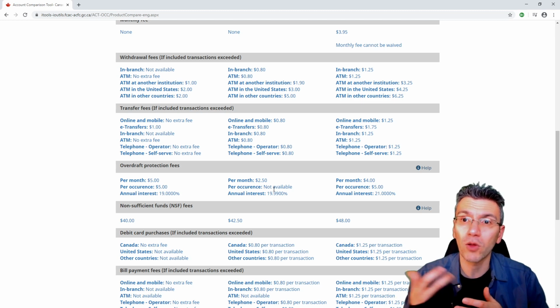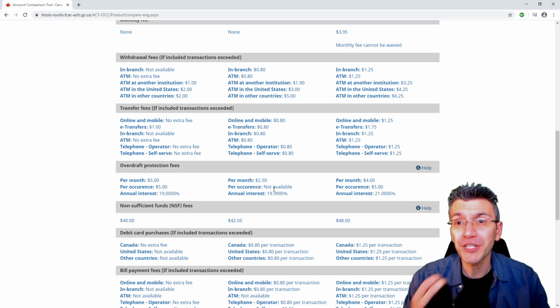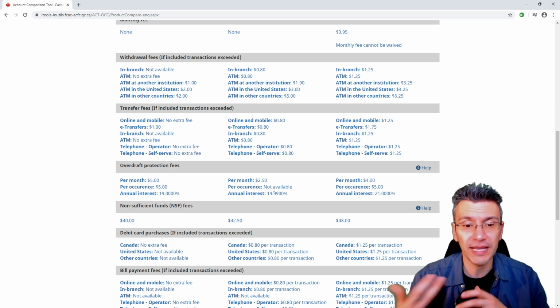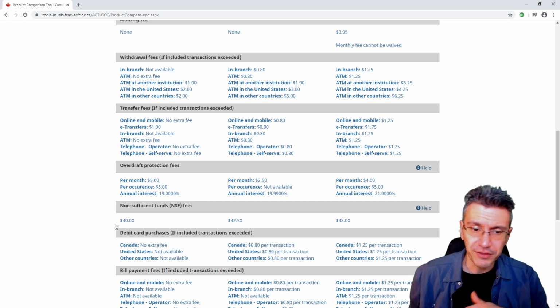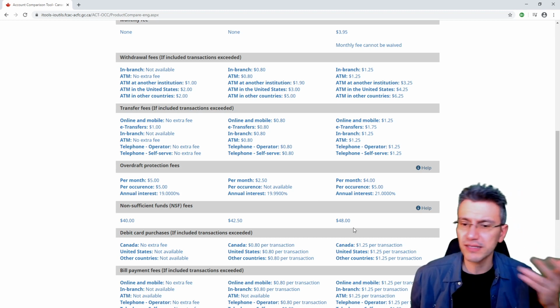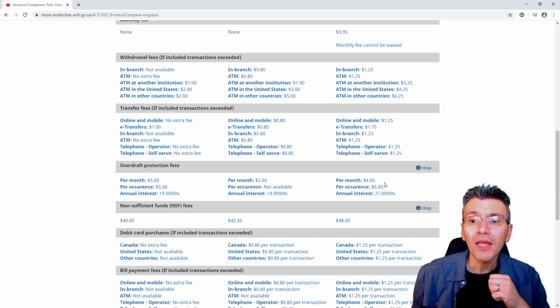You'll just get an email and/or text alert telling you that your account is in overdraft. So overdraft protection is worth getting to avoid any form of insufficient fund, NSF, charges like this. And again, as you see, they can vary, between $40 and $48 in these examples. There are some that are a bit lower than this, others that are a bit higher. Again, I just randomly picked 3 banks in this case, okay?